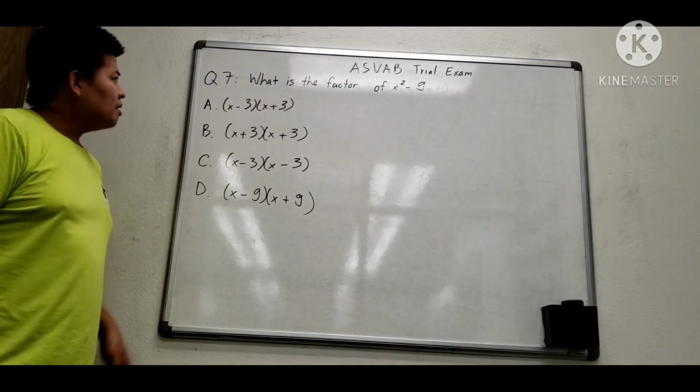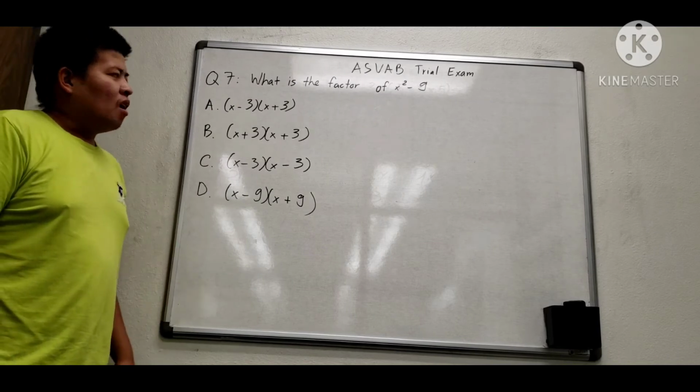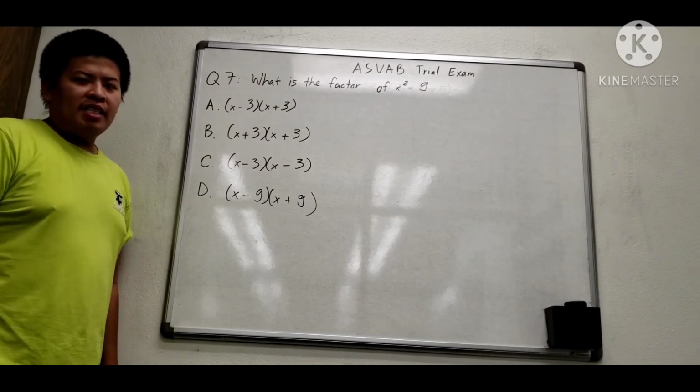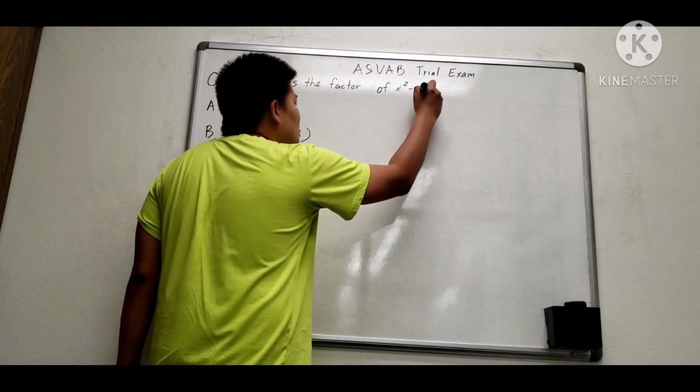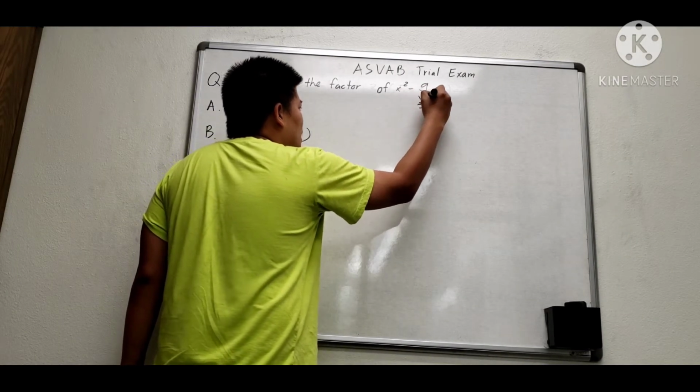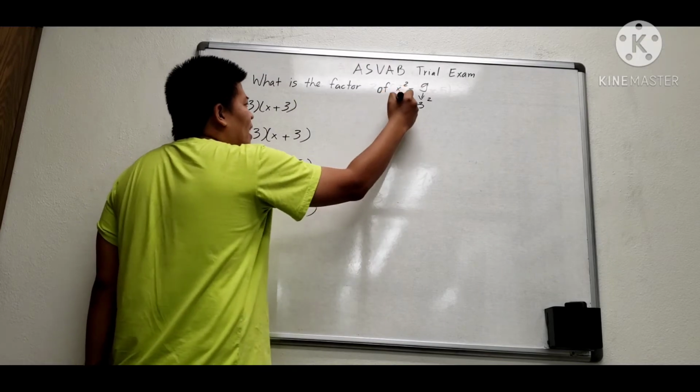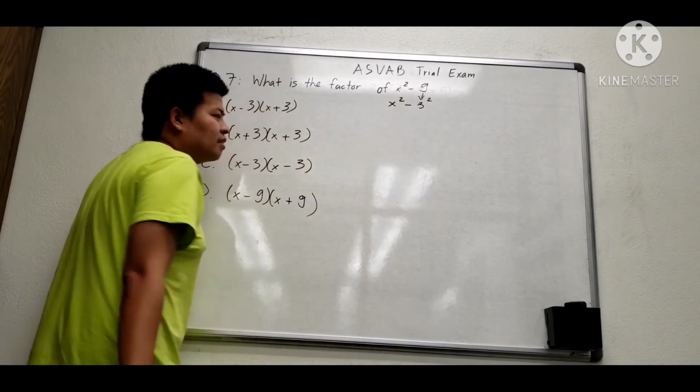Question number 7. What is the factor of s power 2 minus 9? We know that in the number 9, we have 3 power 2, and we have s power 2 minus here.